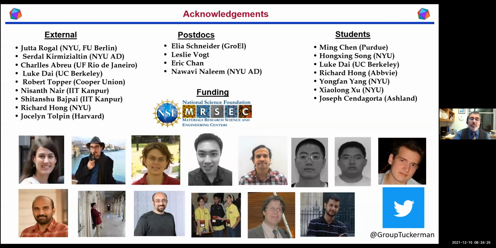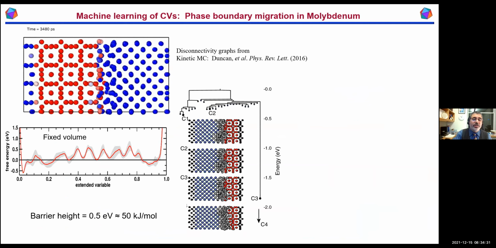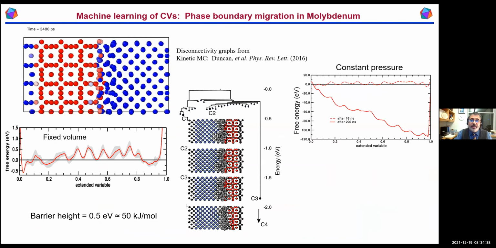Well, okay. No, this dynamics, what we're doing, is not meant to be any kind of real dynamics. What it is intended to do, though, is to get a free energy profile, let's say at constant volume and constant pressure, so you can see the difference between the free energy profiles.